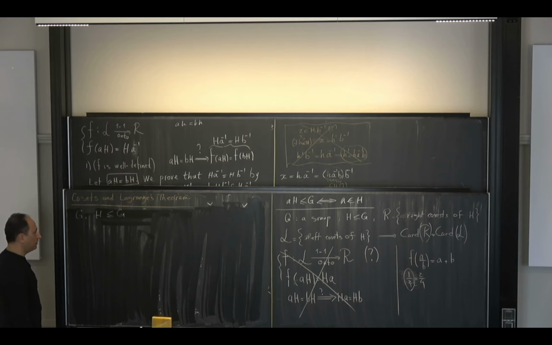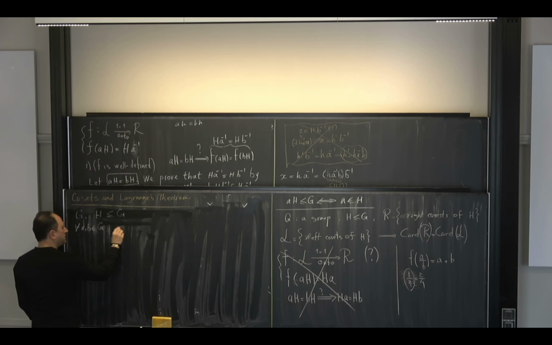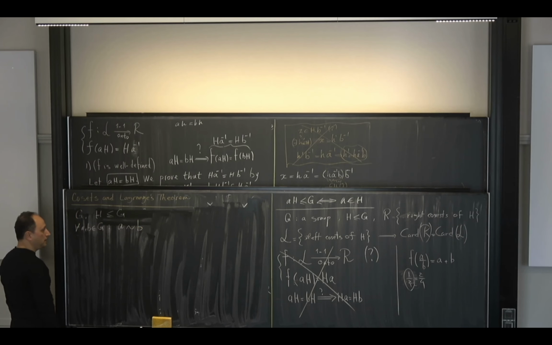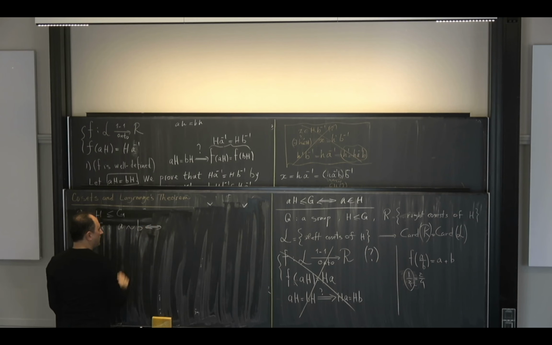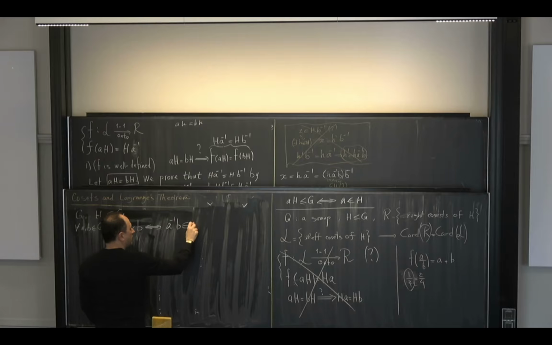Okay? How? Exactly according to the theorem I have written there for you. You say that for all A and B in G, A is related to B if and only if A inverse B belongs to my subgroup.